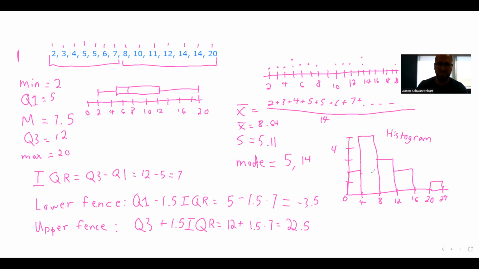My box and whisker plot tells me that the middle 50% of my data, or the middle half of my data, is between 5 and 12, including those points. Greater than 12 is the upper 25%, less than 5 is the lower 25%.